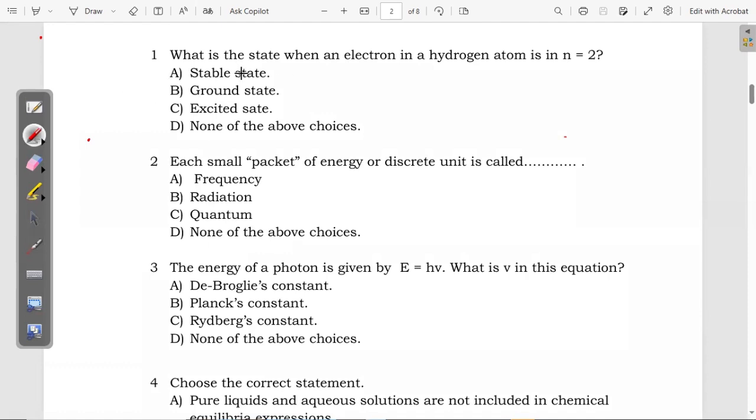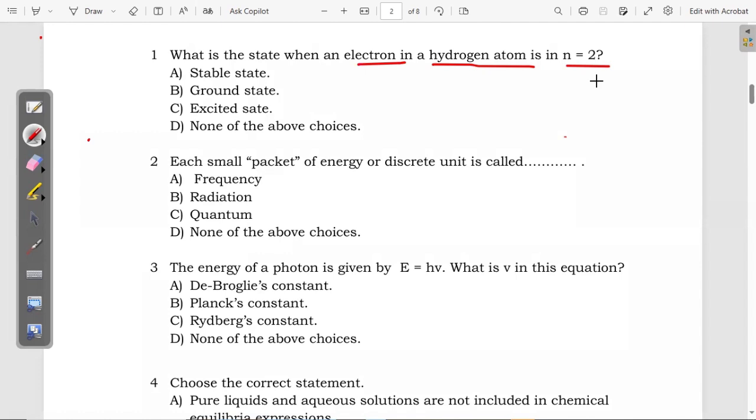The first question asks: what is the state when an electron in a hydrogen atom is in N2? Anyone who can help us with the answer?